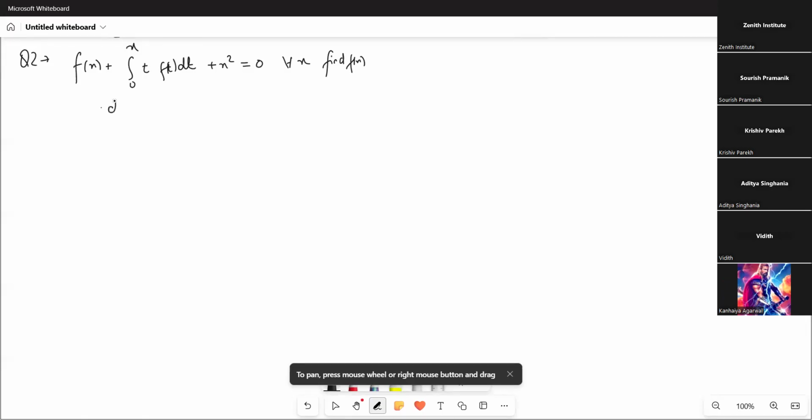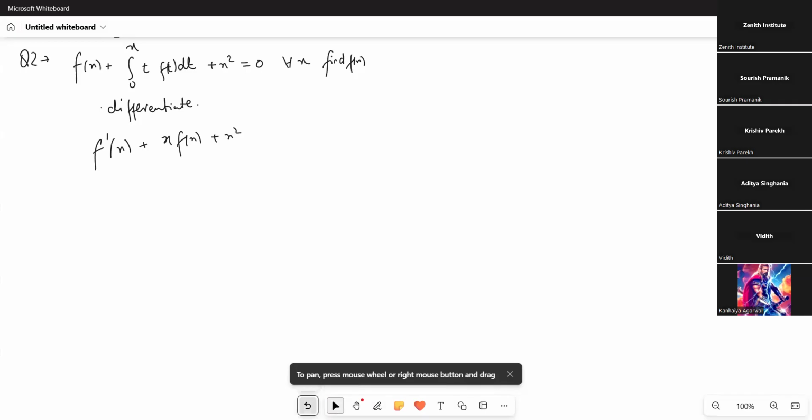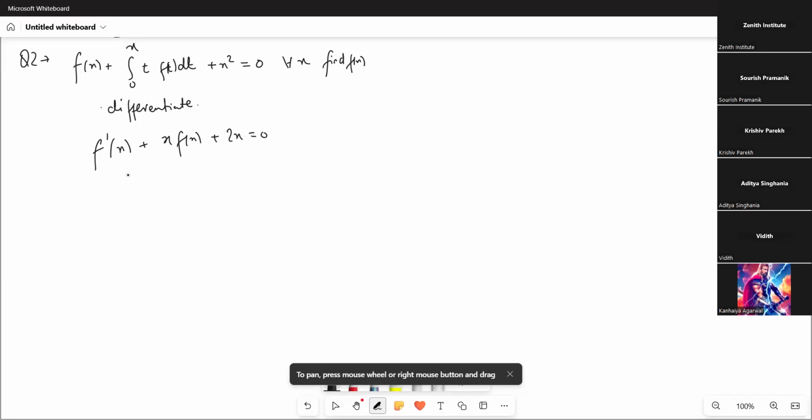तो इसको डिफरेंशिएट करो। We have f dash x plus x f(x) plus x square plus 2x is equal to 0, which is basically like writing dy by dx plus xy is equal to minus of 2x. ठीक है, LDE हो गया। इंटीग्रेटिंग फैक्टर e to the power integral x dx, which is e to the power x square by 2.